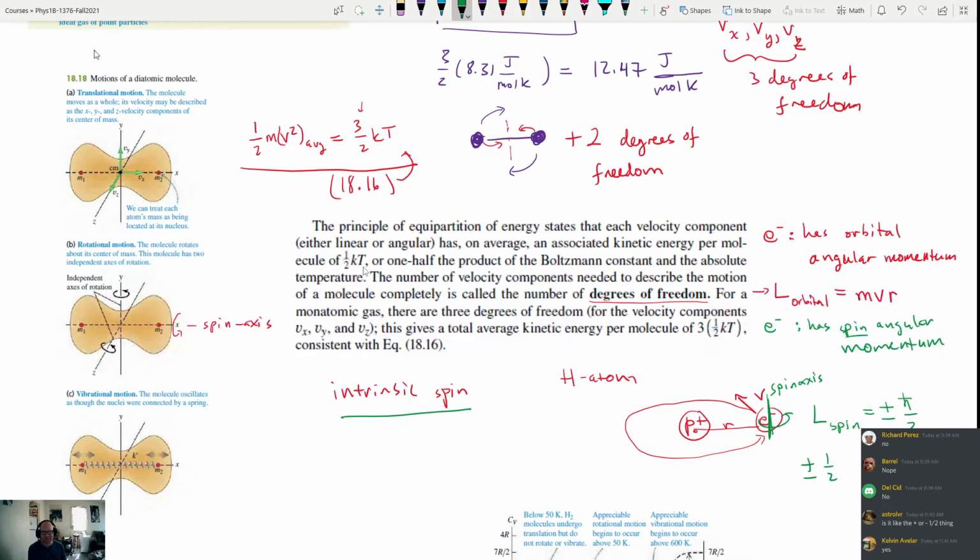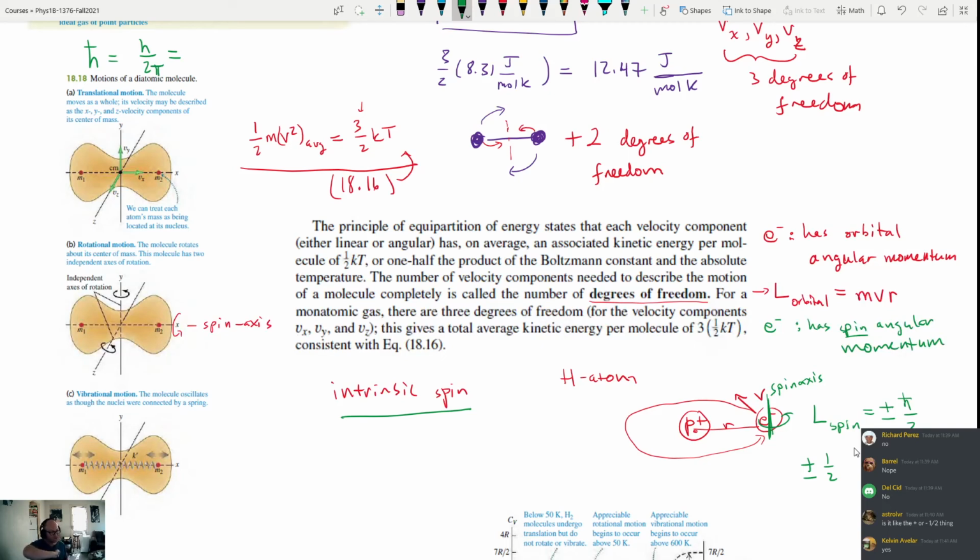If you don't know, h bar is equal to Planck's constant divided by 2 pi. I know I'm probably introducing a lot of ideas that you may or may not have seen before. But Planck's constant is what h is. The point is this. There's only two possibilities for the electron spin inside of the hydrogen atom. It can either be positive 1/2 or negative 1/2.